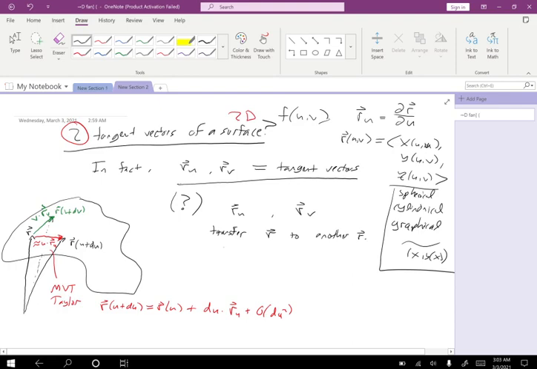So in other words, r stays inside the surface. And this is important because this is exactly what tangent vectors should do. They should keep your vector inside the surface.